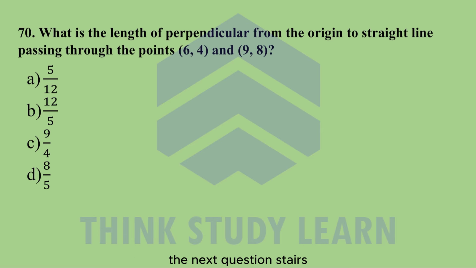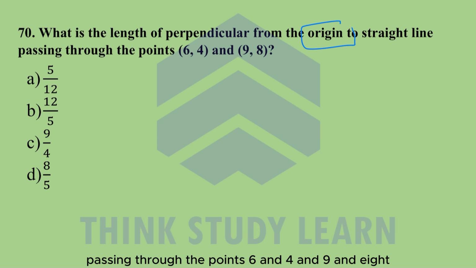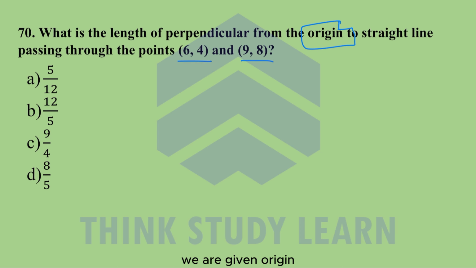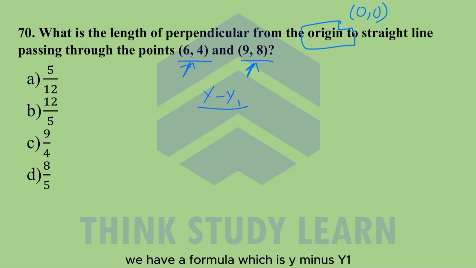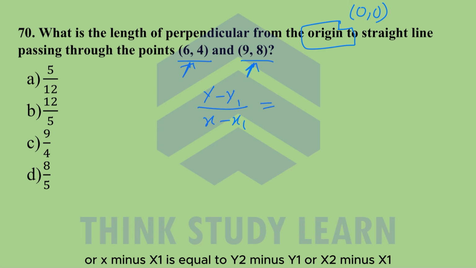The next question states what is the length of perpendicular from the origin to a straight line passing through the points 6 and 4 and 9 and 8. We are given origin, then the value of x and y at origin is 0 and 0. And if we are given 2 points, then to find the equation of line for 2 points, we have a formula which is y minus y1 over x minus x1 is equal to y2 minus y1 over x2 minus x1.